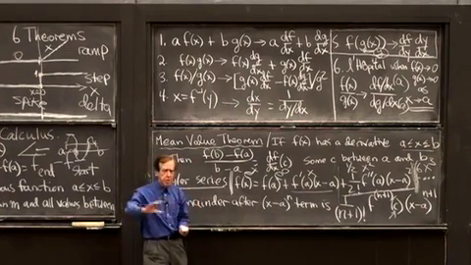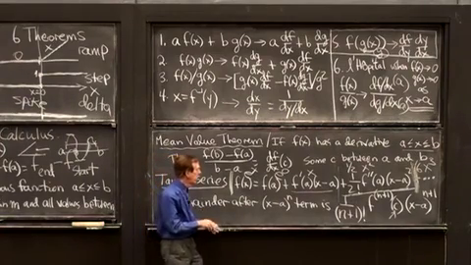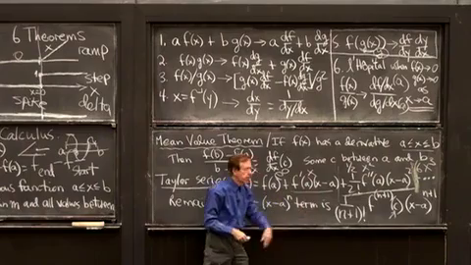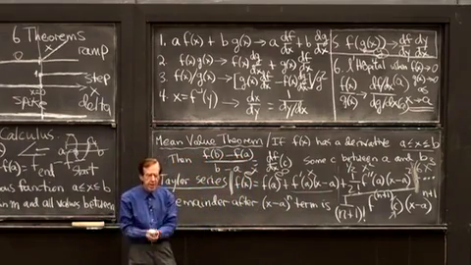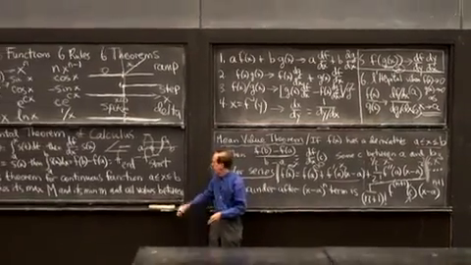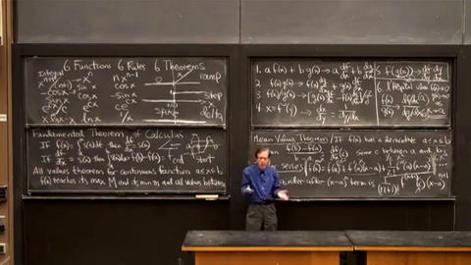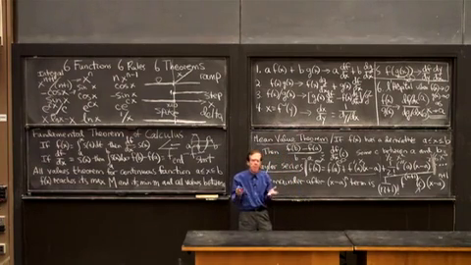Or we let the series go forever, and then comes the question, we have an infinite number of terms, and does that series add up to a finite thing like e to the x? Or does it add up to a delta function or something impossible? So that leads to the question of learning about infinite series.